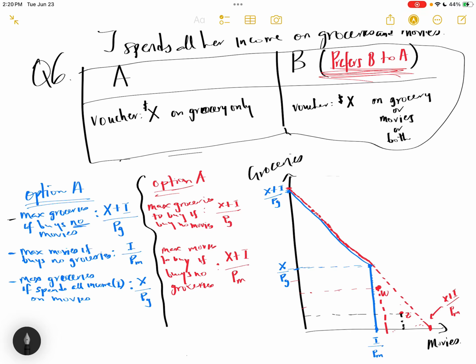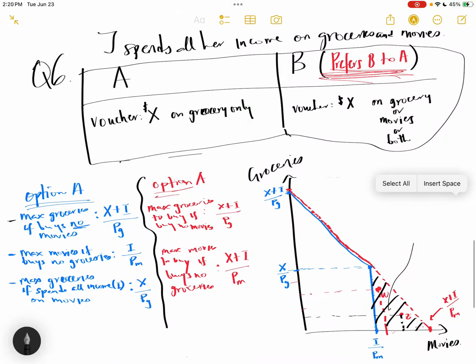Do you see? So the conclusion that we have to draw here is, yes, consumer J prefers B to A, and she prefers B to A because option B allows her to have this area I have now shaded in black, because it allows her to spend less.